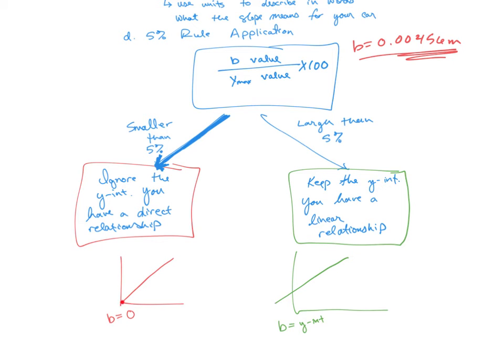So if you ignore that intercept, that means you have a direct relationship, or you should have a direct relationship. If you keep that intercept, that's a different kind of relationship. That's called a linear relationship. So this is what the 5% rule helps us decide. Do we have a direct relationship or do we have a linear relationship?